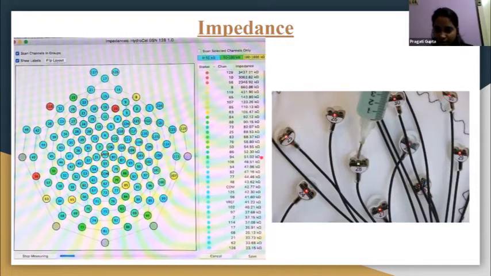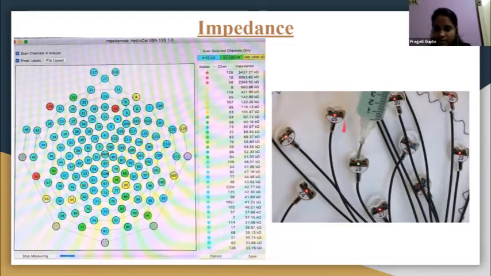In a similar way, these are the Brain Products ActiChamp caps and electrodes. When we put the gel inside the electrodes, the electrode has a preamplifier inserted in it beforehand, and it automatically identifies whether it has a good connection or not. Here the green means it has a good connection with the scalp, and the impedance is within 0 to 50 kilo ohms, whereas the red one is not yet connected.